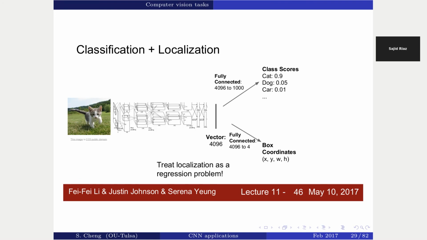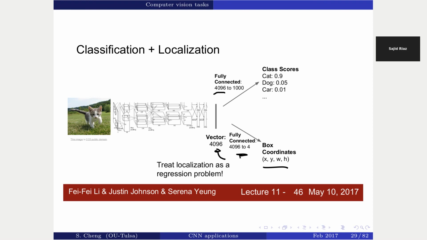And that's basically what people did. So this is the second last layer that has about 4,000 coefficients. Besides connecting to the last layer for the classification, it is also fully connected to another layer with just 4 values for the bounding box.